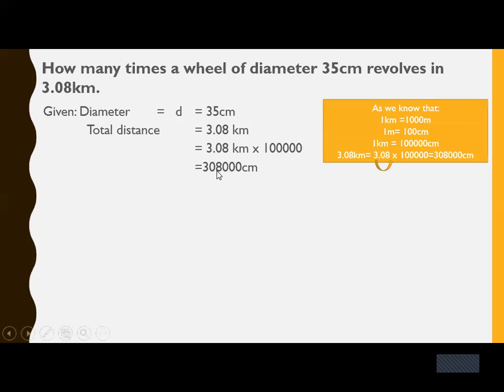So it becomes 308 with 3 zeros in centimeters.